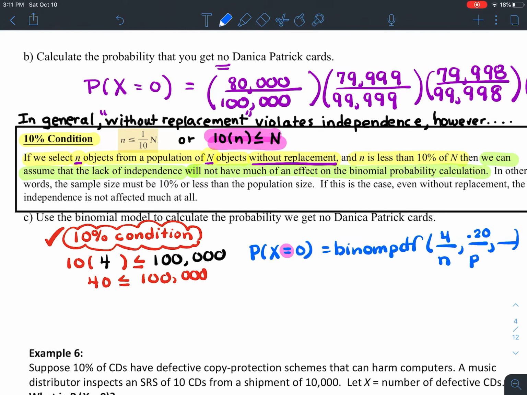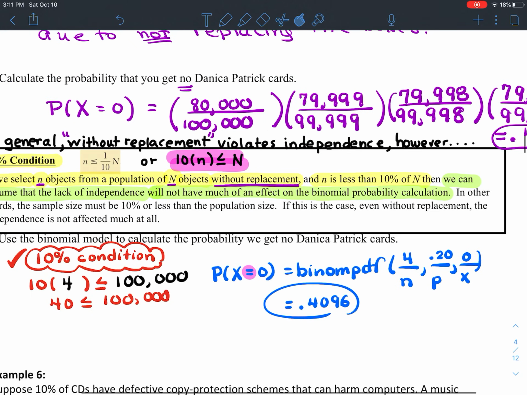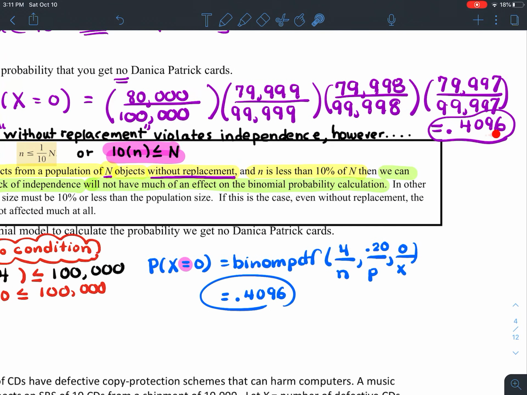And what I'm calculating is 0 successes, that there are no Danica Patrick cards. If I type that into the calculator, you'll notice the answer we get was in fact the exact same answer that we got over here when we worked the problem out as if it was not even a binomial random variable.